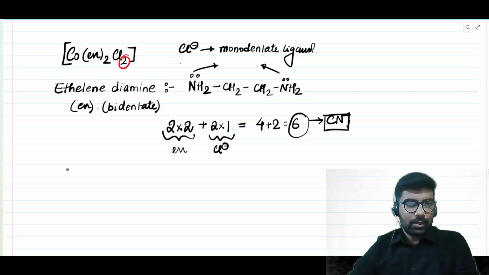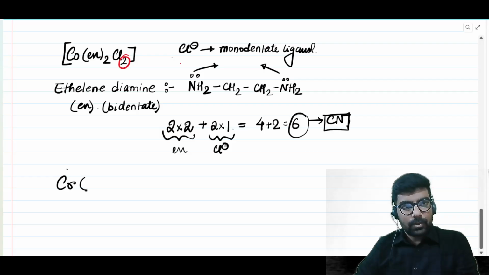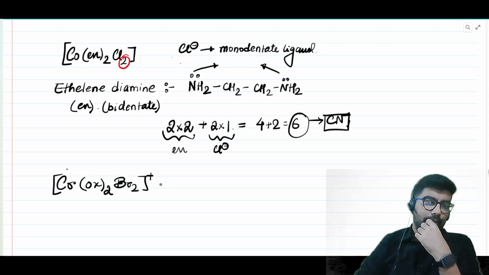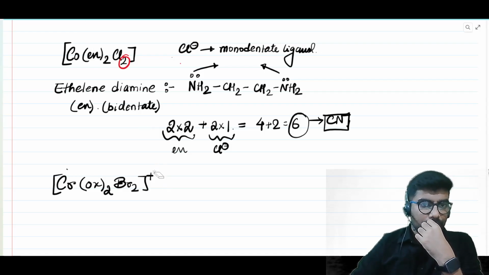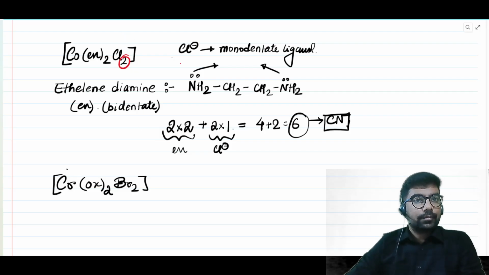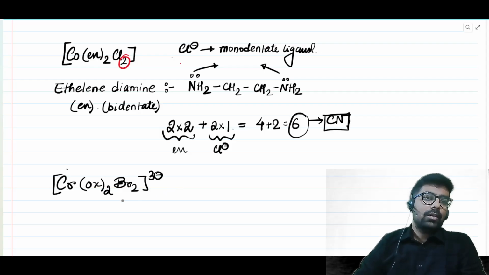Let's say we have a compound like this: chromium, then 2 ox, that is oxalato, and bromine minus.